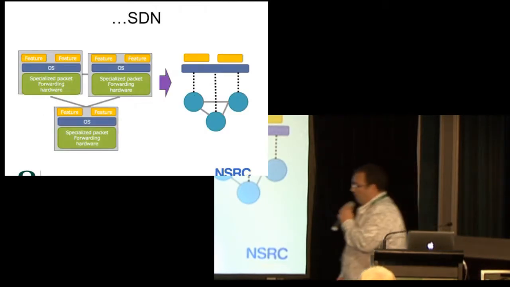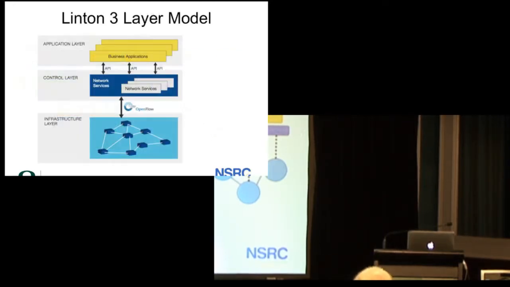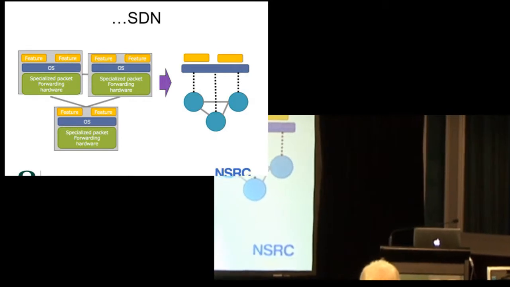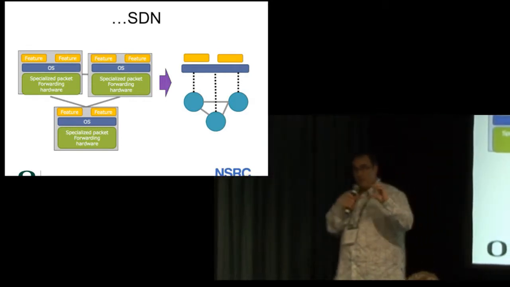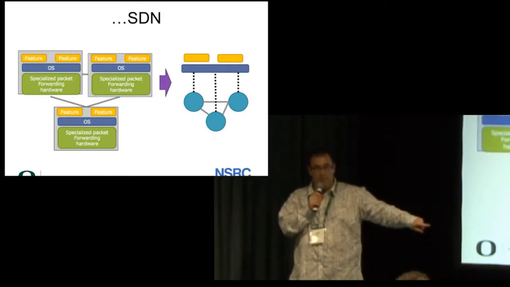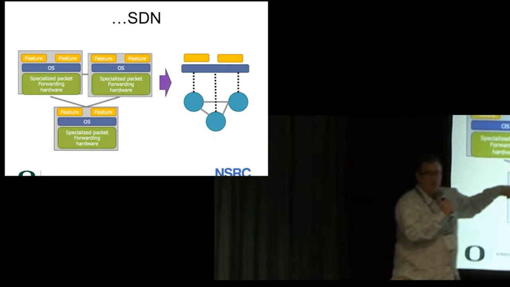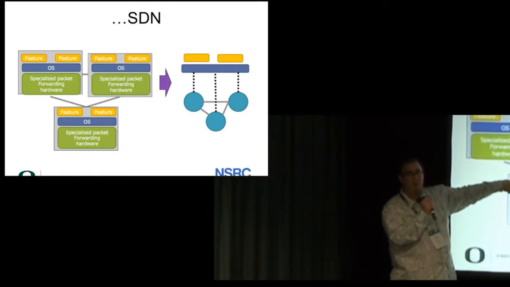So here's an example of what networking hardware looks like today. On this side here, these are individual routers, switches, firewalls, whatever. It's pretty much the same. And they all have this specialized packet forwarding hardware, right? They've all got the little ASICs and chipsets on them that get the packet from that port to this port. But they've also got this operating system in the middle, and then they've got all these features that sit on top.